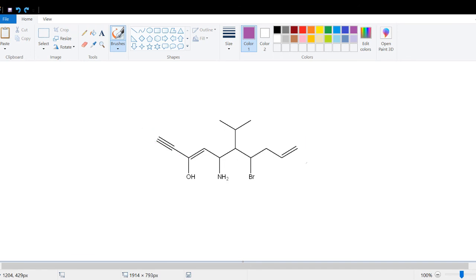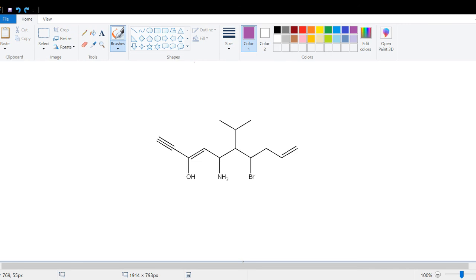So on that chain, I have to think about what my highest priority functional group is because it needs to have the lowest number. So I have an alkene, an alkyne, two alkenes, an isopropyl group, a hydroxyl group, an amine, and a bromine. Because we've learned these things, I know that a hydroxyl group has a higher priority than alkenes, alkynes, alkyl groups, amines, and halogens.